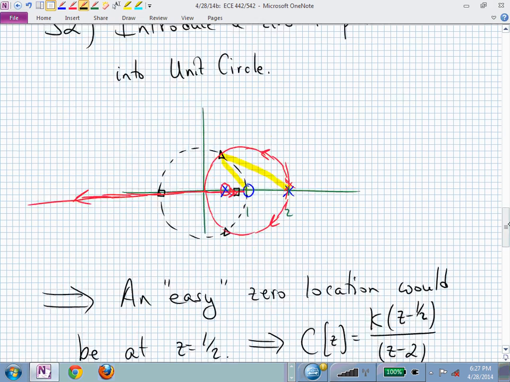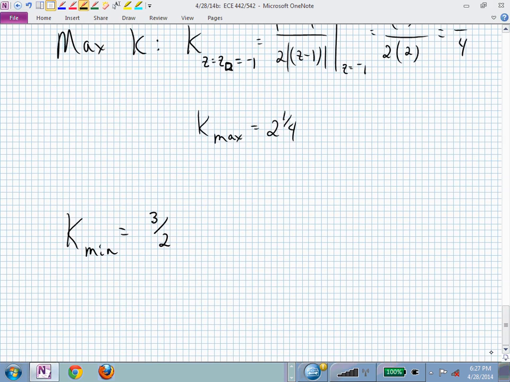Questions on how you can sprinkle poles and zeros down to create stable closed loop designs? What's observation 1? Never, never, never, never, never do what? Cancel unstable poles and zeros.